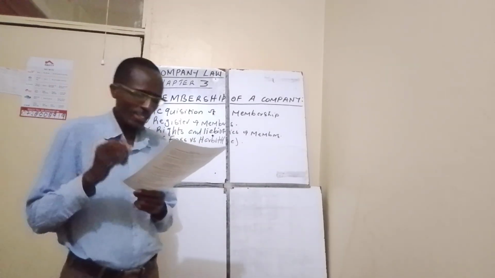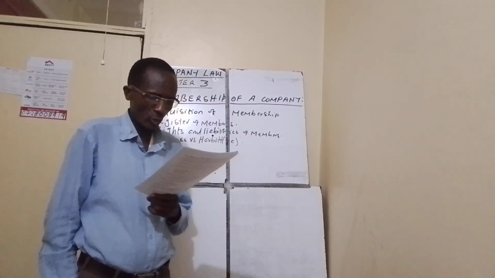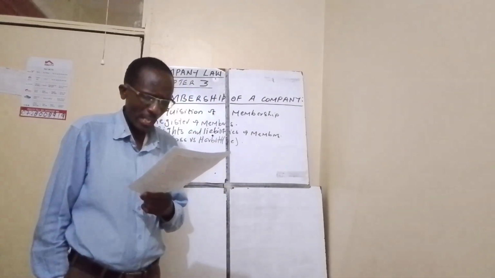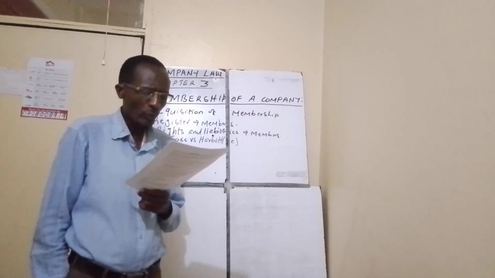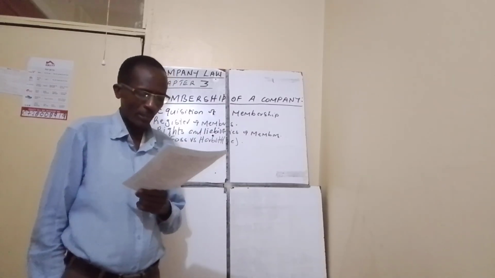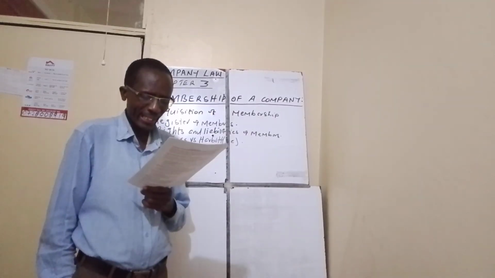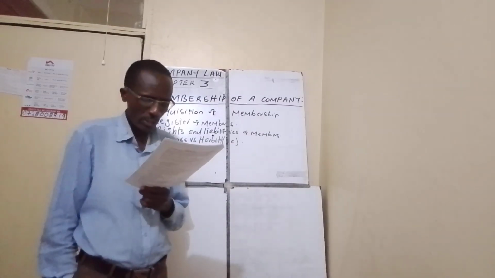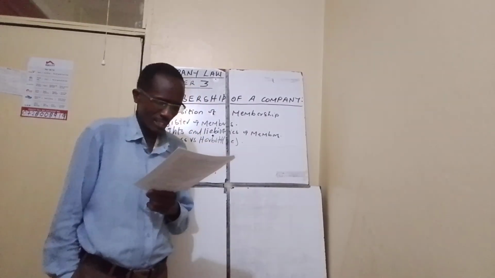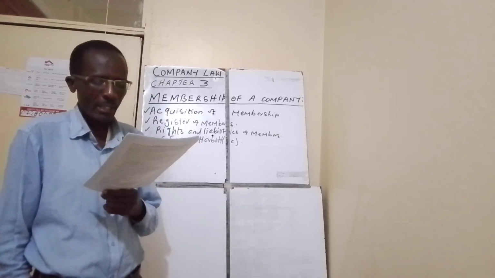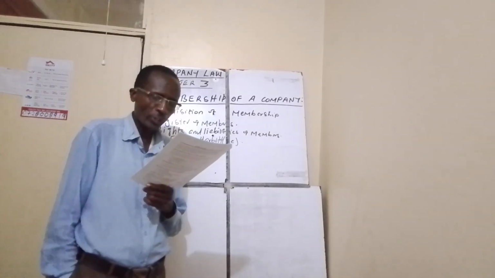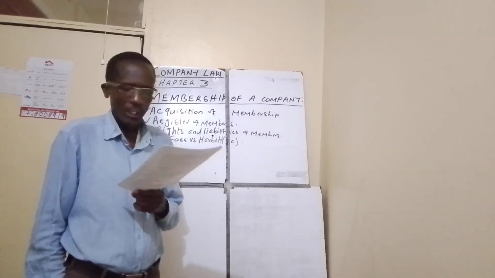Variation of class rights. Under Section 74, subsection 1, a company whose capital has been divided into different classes of shares may vary the rights attached to any class by special resolution or written consent of not less than 1/4, or just a quarter, of the holders of the shares.